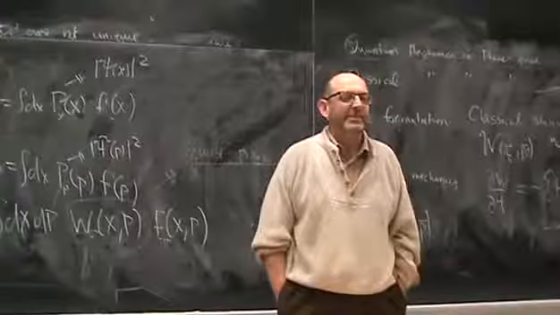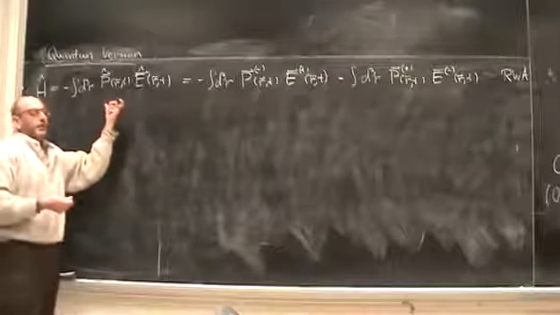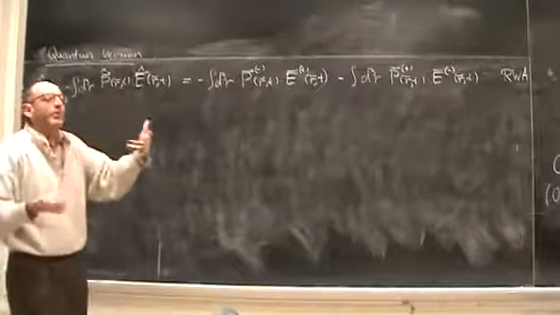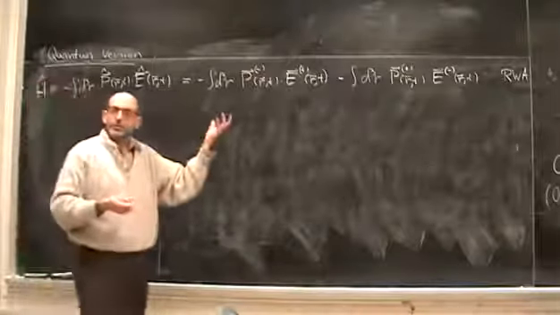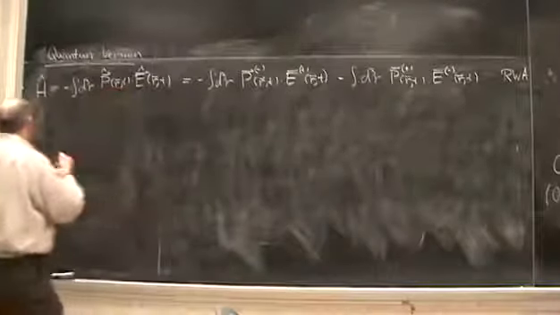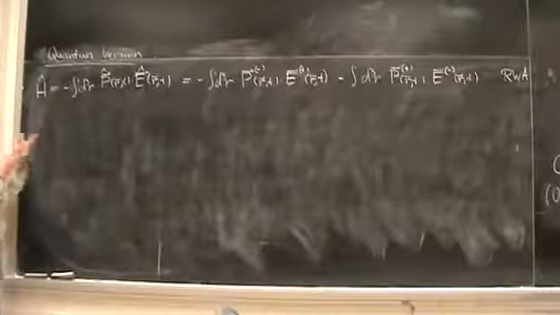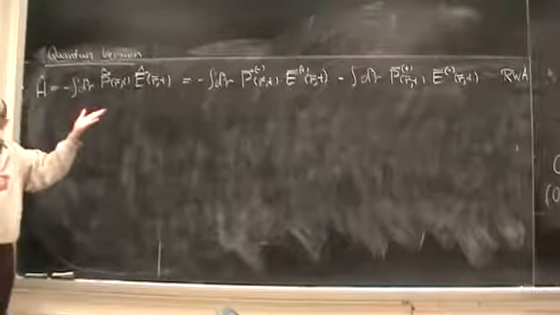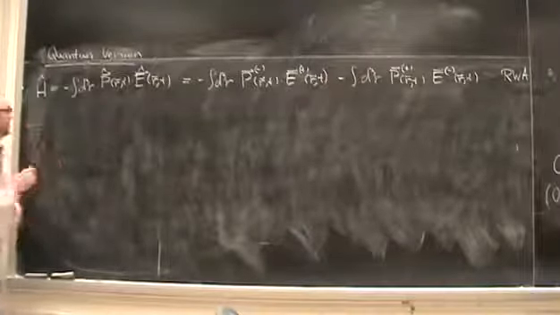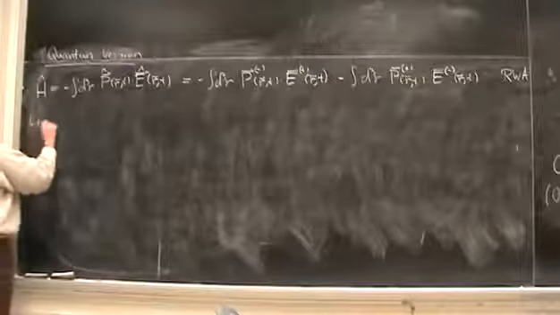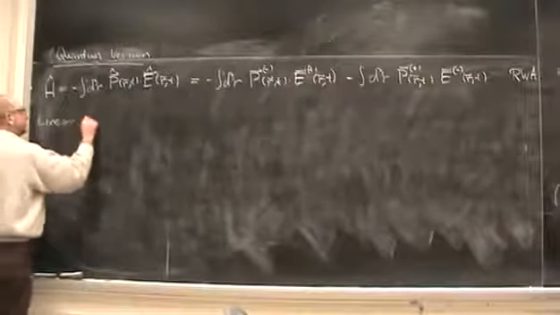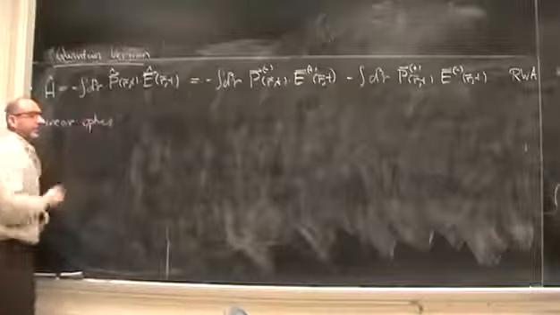So that the material response is proportional in some way to the fields. Okay? So we can look at the same kind of situation that we did classically, but now with the quantum operators. So let's look at linear optics, expressed in this way.